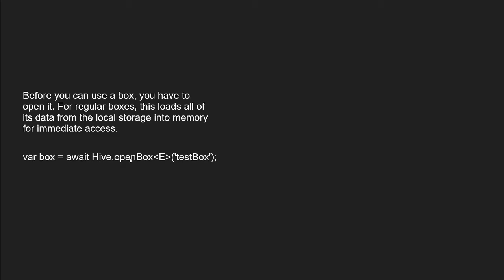You're just telling Hive, I would like to open this box that happens to be named test box. I'm telling you that this box is filled with strings, or this box is filled with integers, or whatever you may have in this box, and I will go off, execute that task, and at some point return that and make this box accessible via this box variable here.